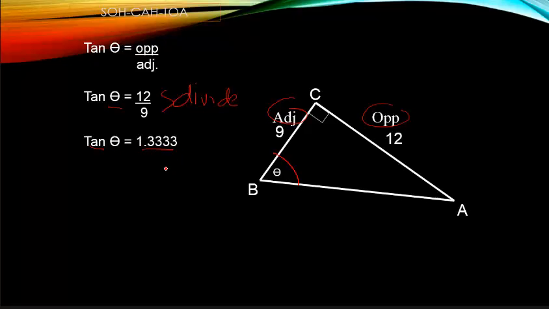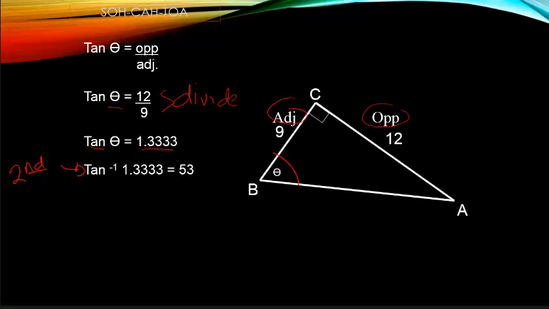Remember, this is where you use your inverse function. You're going to push that button that has that little -1 exponent on it. So we have to use your second button. So you would punch in second tangent 1.3333, enter, and you get 53.